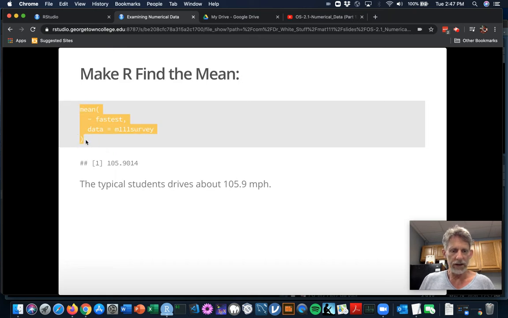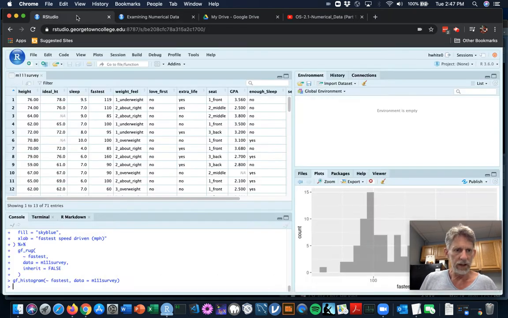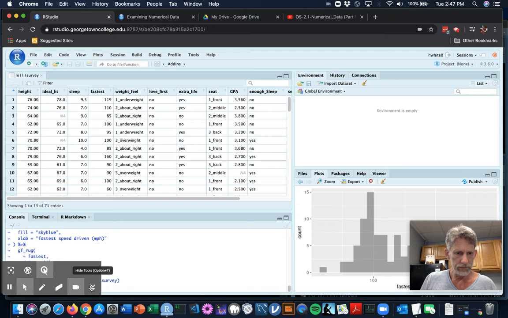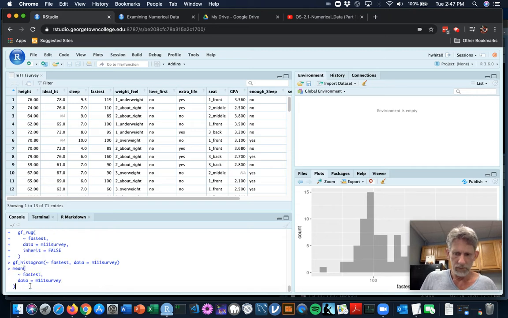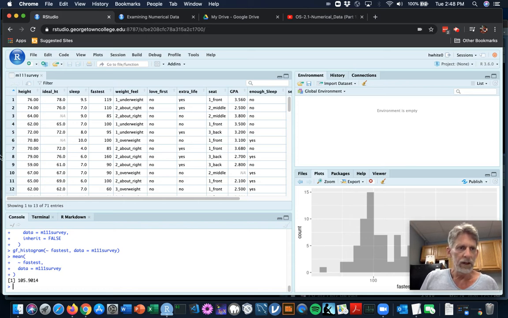Let's just verify that. Copy into RStudio, paste in, give it a try, and sure enough, 105.9. So you could say that the typical student drove around 105.9 miles per hour.